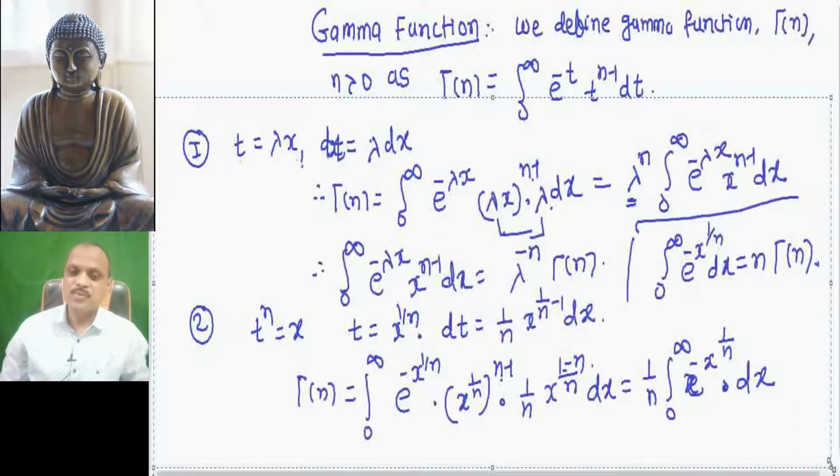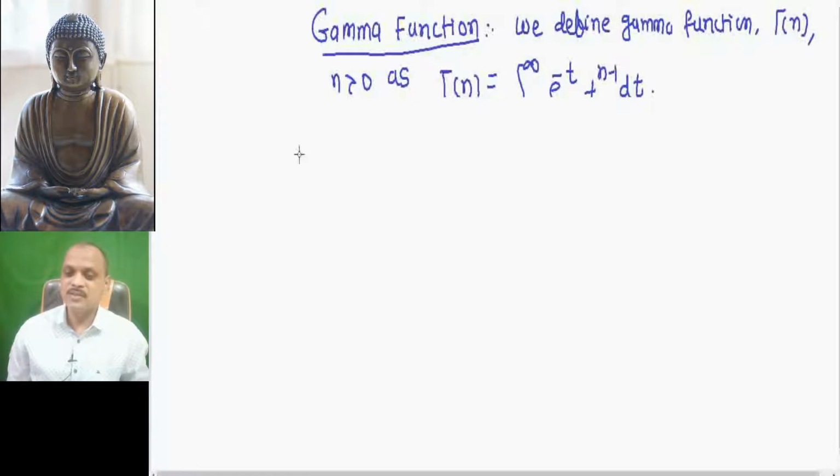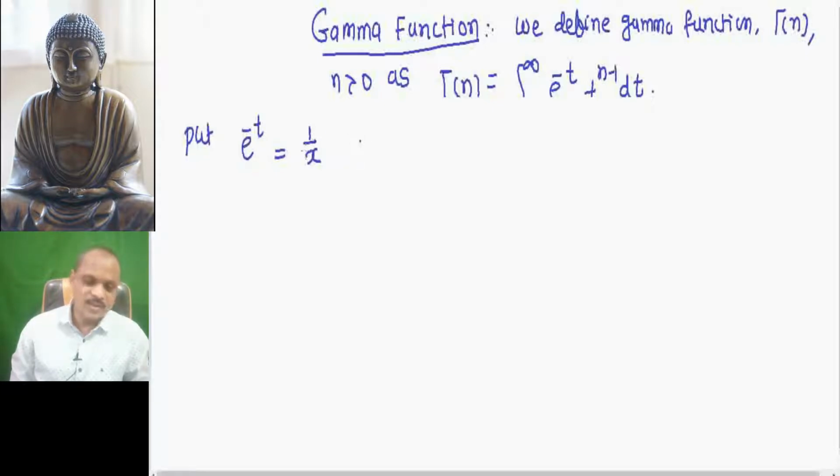Now let us see what happens to the definition if we substitute for the e raised to minus t term directly. Let us see the third result. If we put e raised to minus t equal to x, then e raised to t equals 1 divided by x.